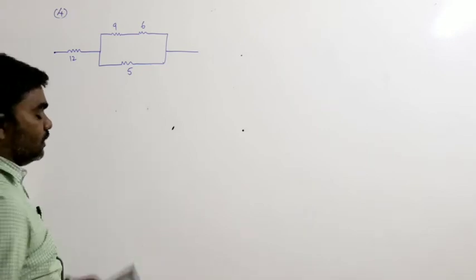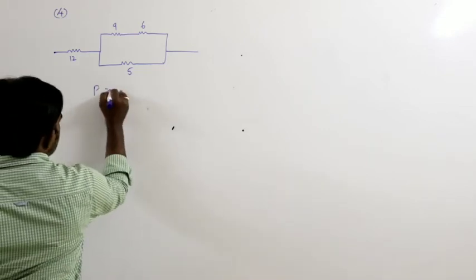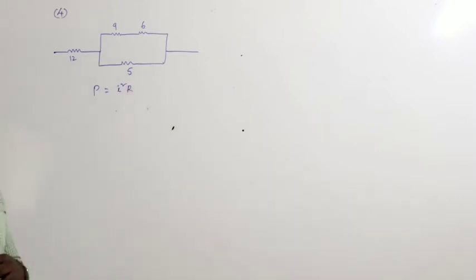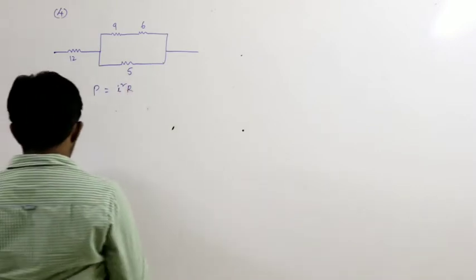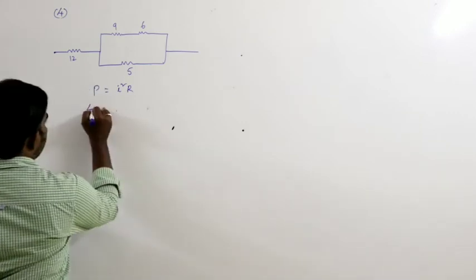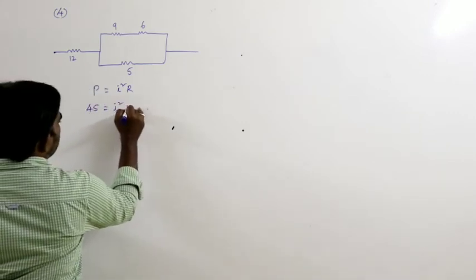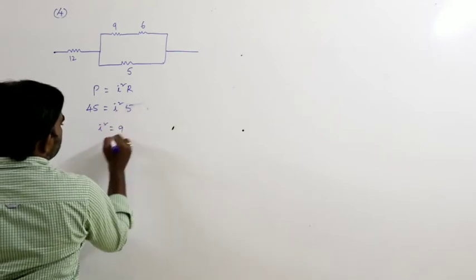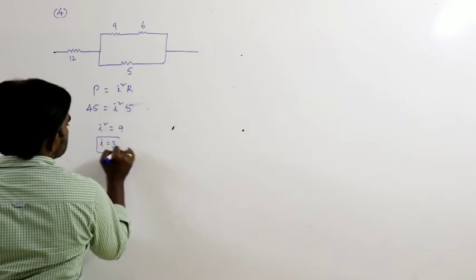So what is the power developed here in the 5 ohms resistor? 45 joule per second. Here the power is equal to I square R or V square by R. I square R, where R is given as 5. So I square is equal to 9. Therefore I can be written as 3.